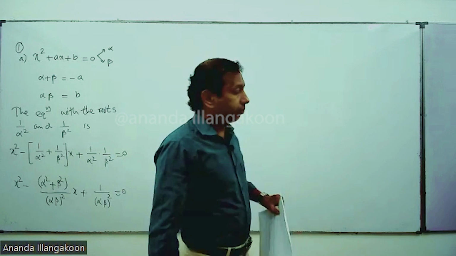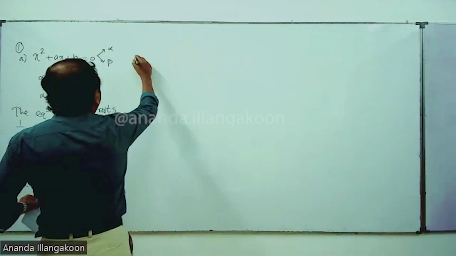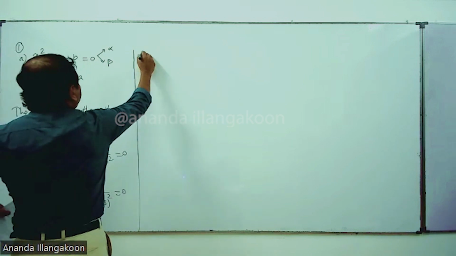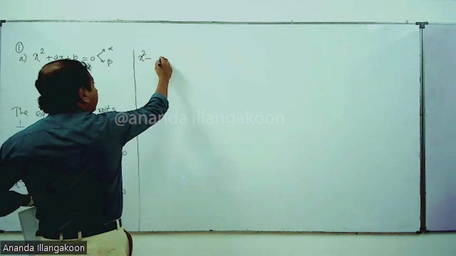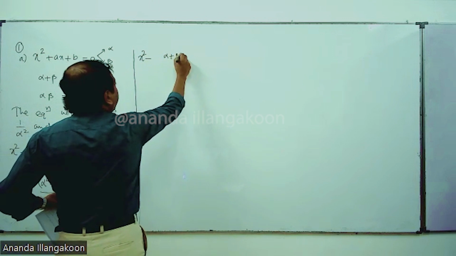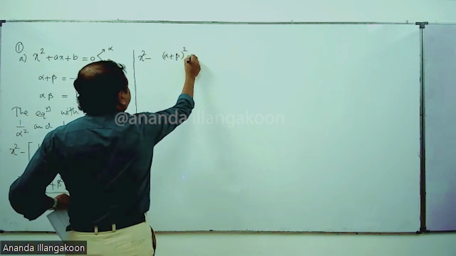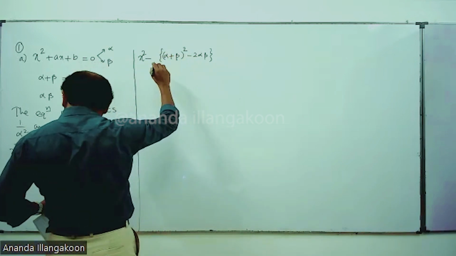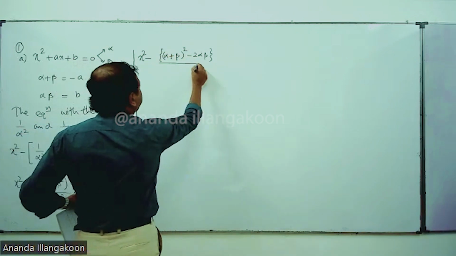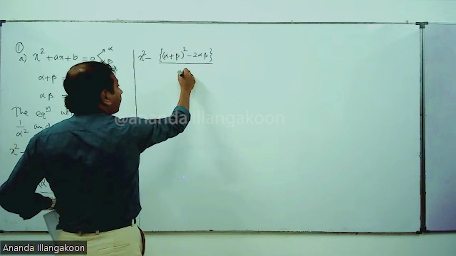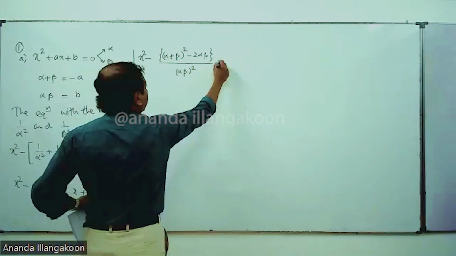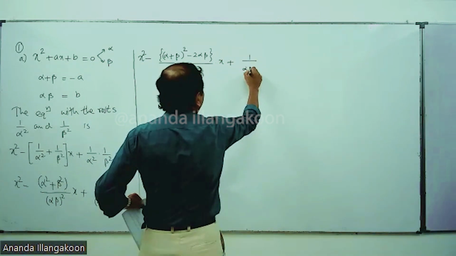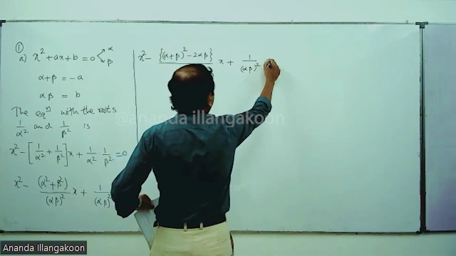Right. Now x squared minus [(alpha plus beta) whole squared minus 2 alpha beta] divided by (alpha beta) whole squared times x plus 1 upon (alpha beta) whole squared is equal to 0, right?